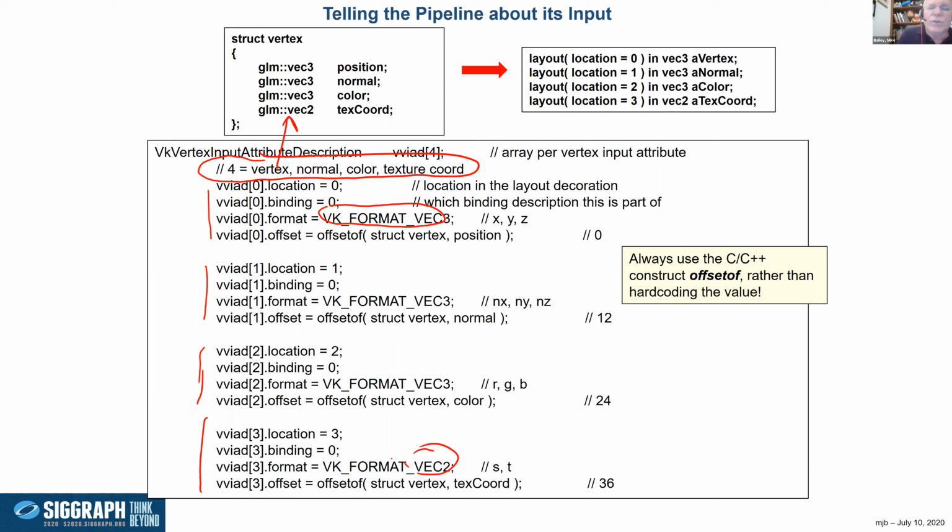And here's how you find where you are in the struct. I think everybody's familiar with sizeof in C. However, there is also offsetof, and that tells you how many bytes you are into this struct. So offsetof the position would come back as 0.